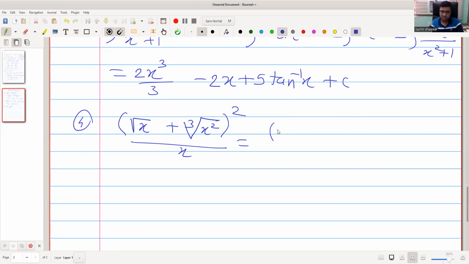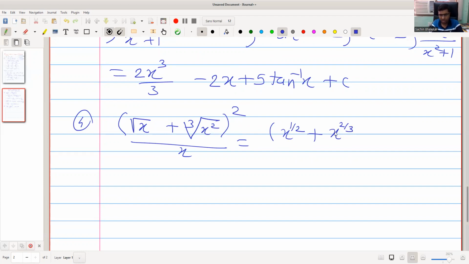Okay, so first thing is root x. So we write it as root x, or it may be x raised to 1 by 2, that doesn't matter. Plus what is cube root of x square? Cube root of x square is x square raised to 1 by 3, means x raised to 2 by 3. If it is square root, it is raised to 1 half, cube root raised to 1 by 3.